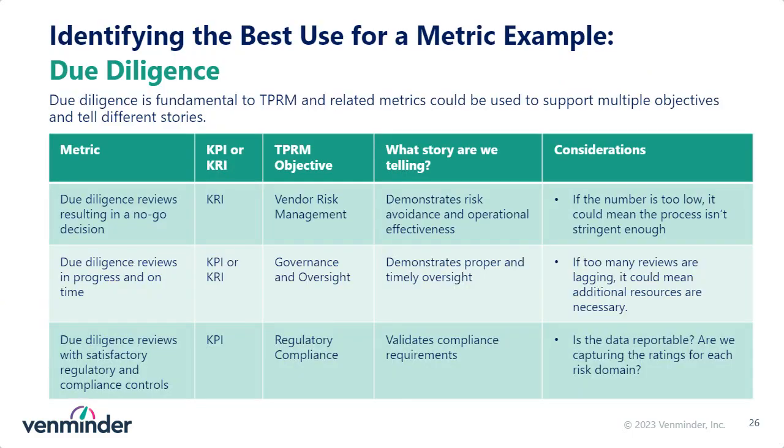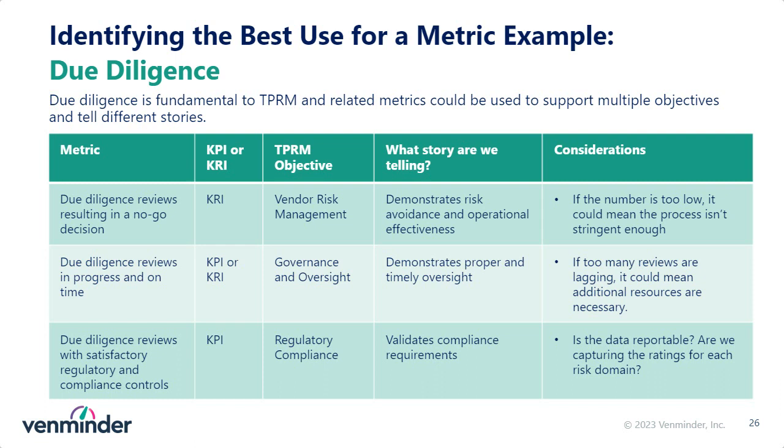All right, so let's take a look at what the best use for any specific metric might be. Keep in mind, one metric can help us tell different stories, but we do want to really think through that. In this example, we're thinking about due diligence because it is so fundamental to what we do as third-party risk management professionals, and we might want to think about how many due diligence reviews resulted in a no-go decision.